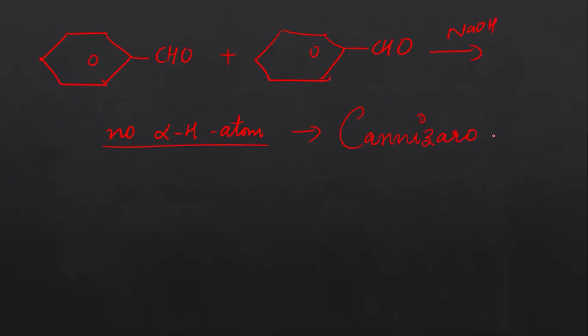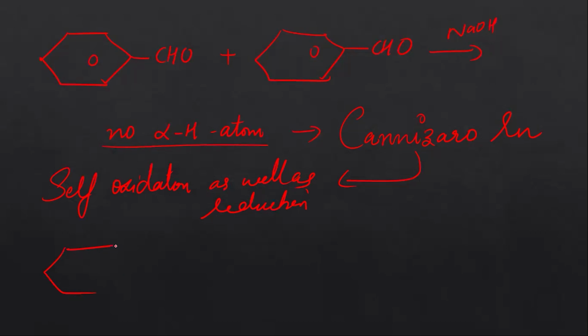In the Cannizzaro reaction, oxidation as well as reduction takes place. One molecule undergoes oxidation and the other undergoes reduction, so self oxidation and reduction takes place. When you know there is no alpha hydrogen, you must know this is a Cannizzaro reaction. So what will happen?